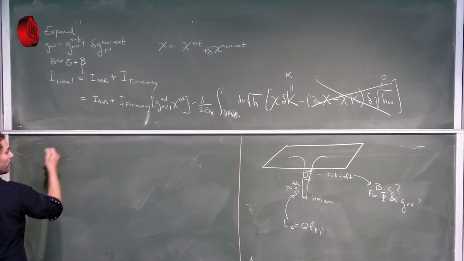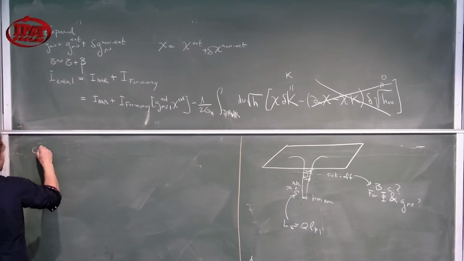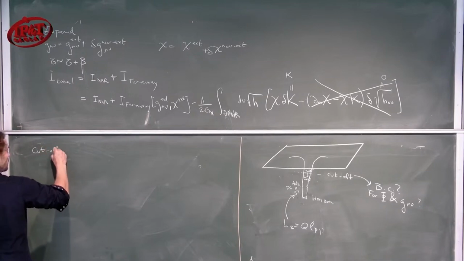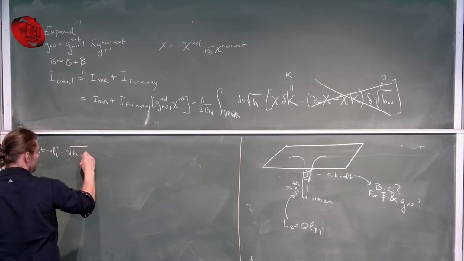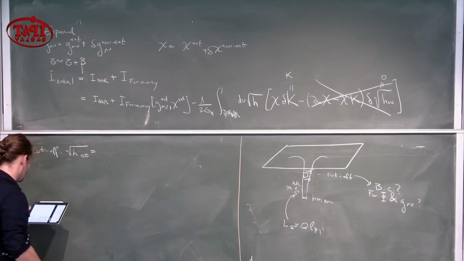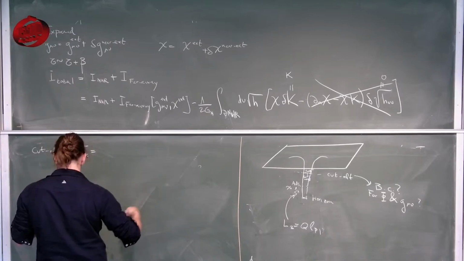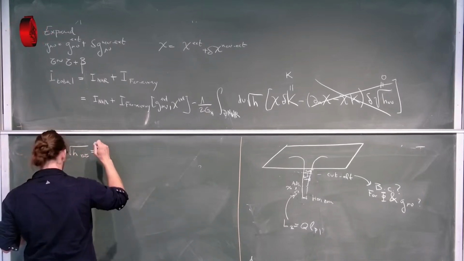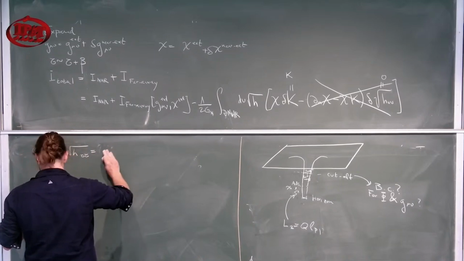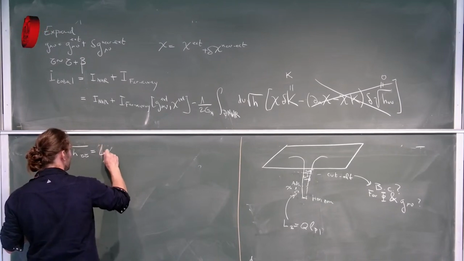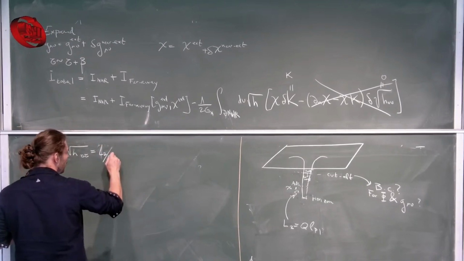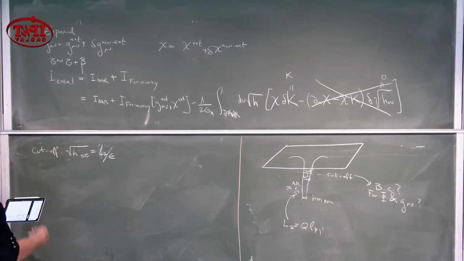So what defines this cutoff is, we can say that square root of h tau tau takes some value, which is given by 1 over epsilon times L2, the AdS2 metric, or rather L2 over some cutoff parameter epsilon.